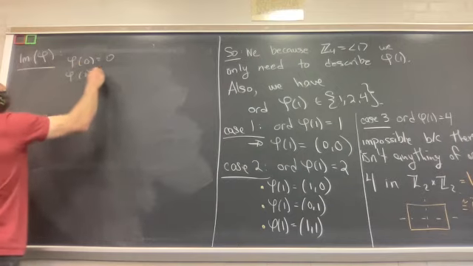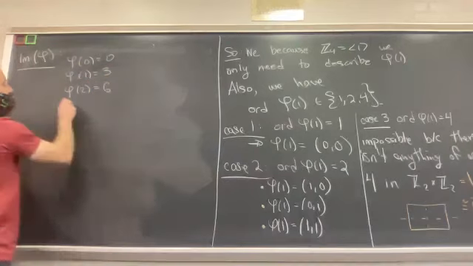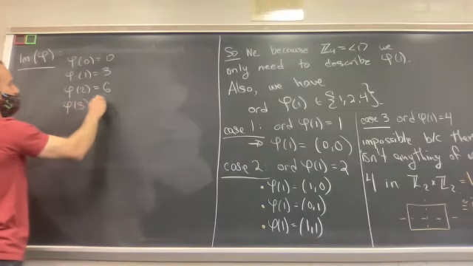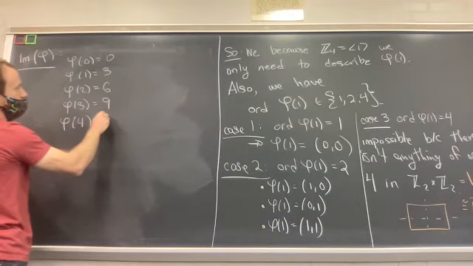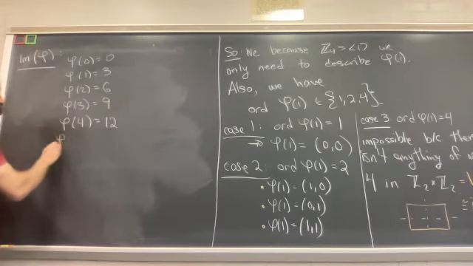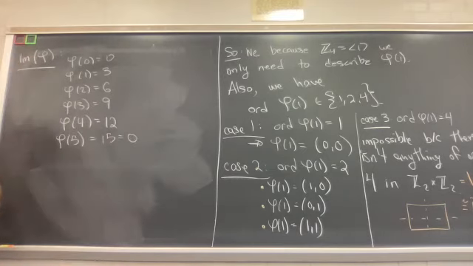Phi of 1 will be 3. Phi of 2 will be 6. Phi of 3 will be 9. Phi of 4 will be 12. Phi of 5 is 15, which is 0, because we're in Z15.